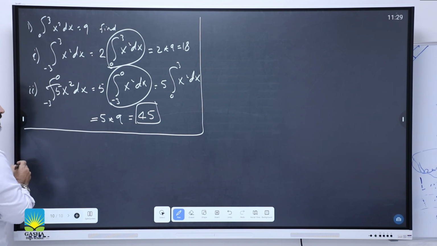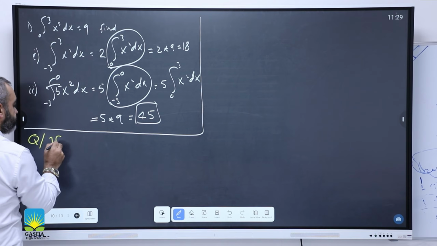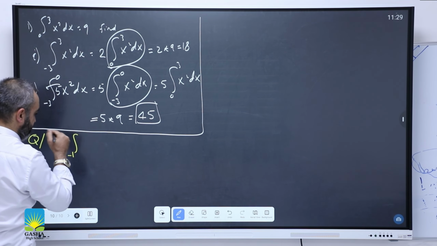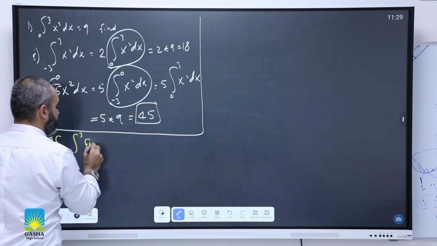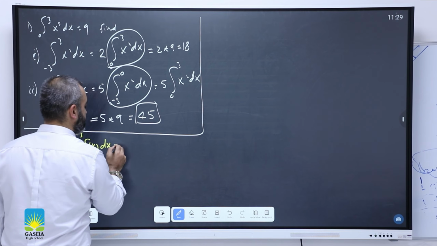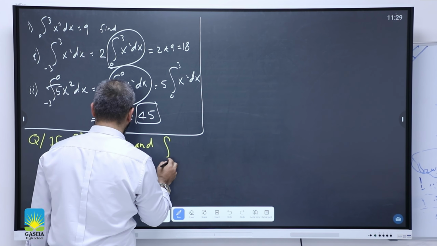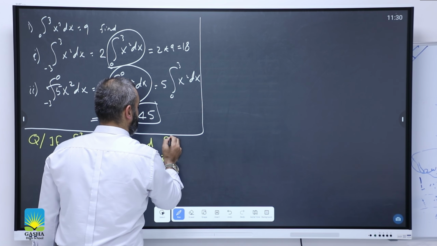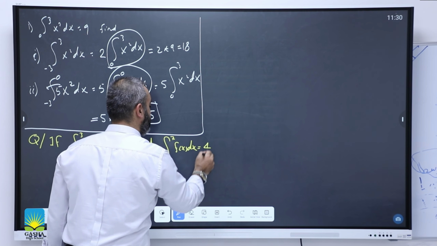More than one question. If the integral from -1 to 3 of f of x dx equal to 5 and the integral from 3 to 7 of f of x dx equal to 4.